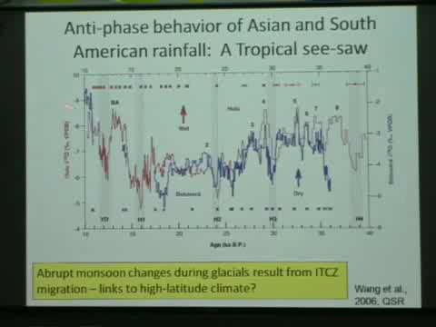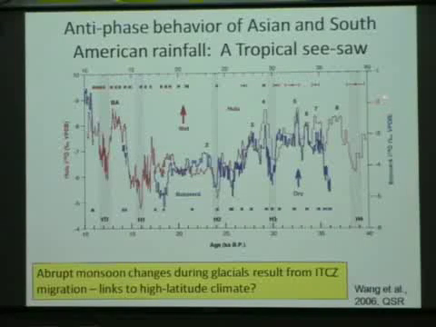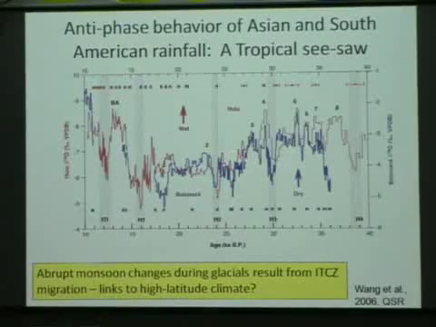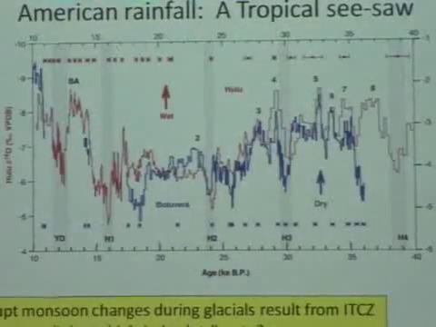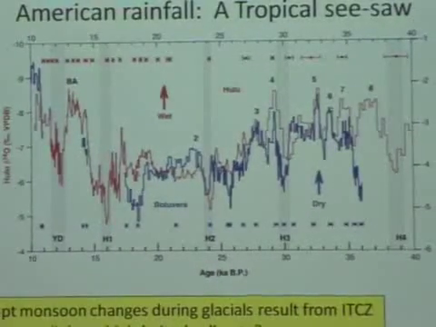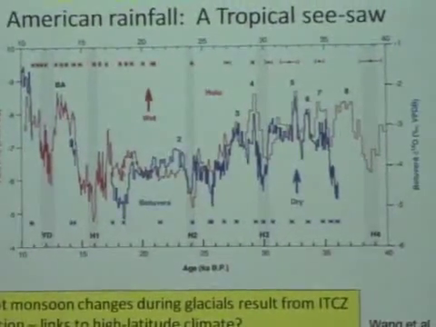So when we have wet conditions in China, shown here in red, we are actually characterized by drier conditions in Brazil, and vice versa. And even on these sort of short timescales, when you look at these abrupt events here, you see a very much an anti-phase behavior between rainfall in China and rainfall in Brazil.